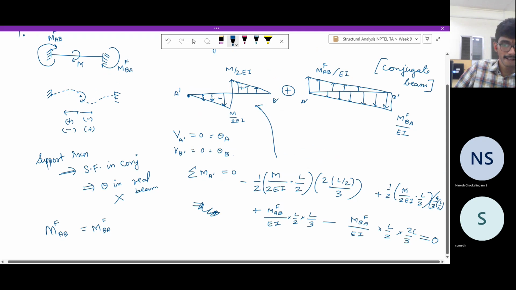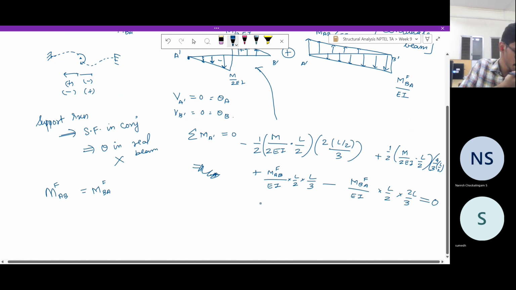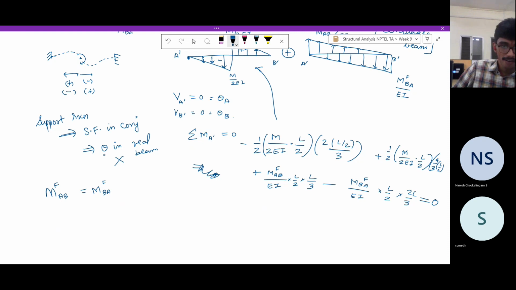Now with that condition, the equation that we have, we'll get M_AB^F is equal to, if you simplify this, M L square by 24 EI.